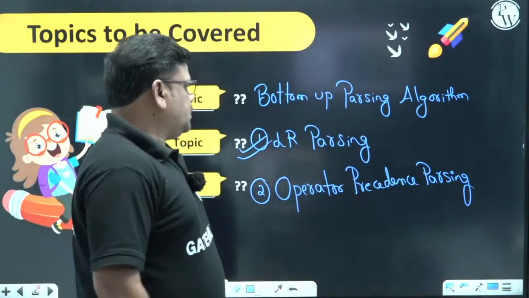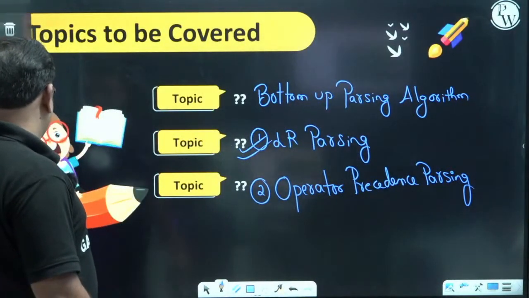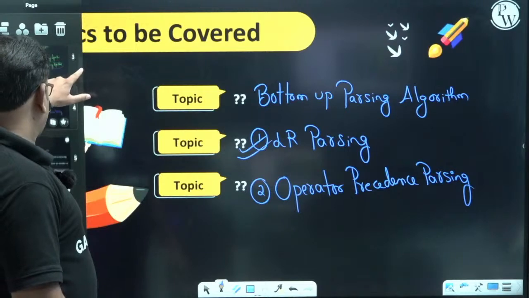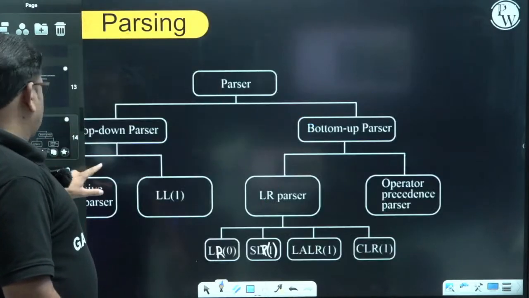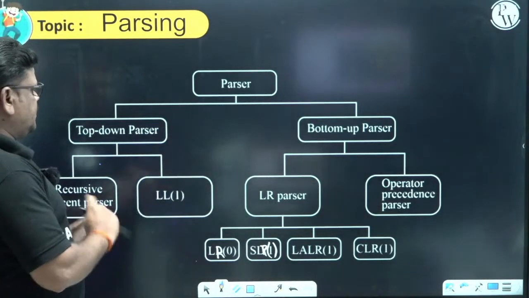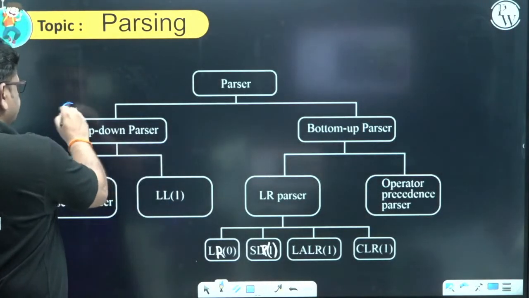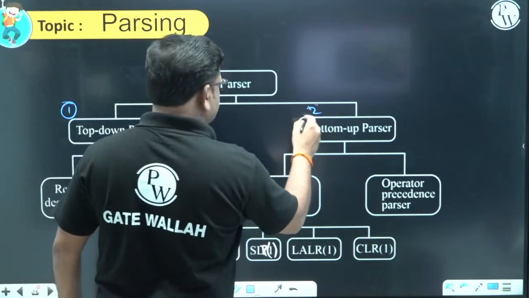So I have shown you the general types of parsing algorithms: top-down and bottom-up.